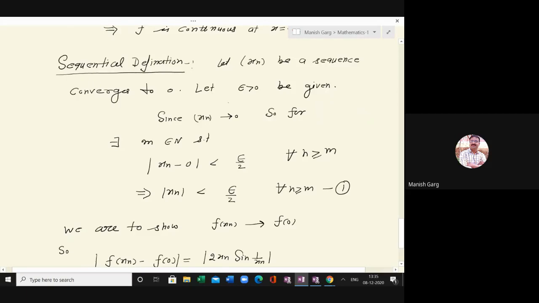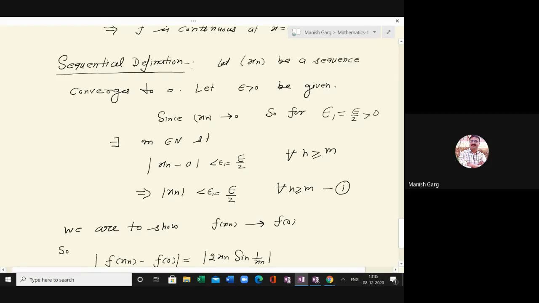Actually, you consider epsilon greater than 0. Since xn converges to 0, the definition of convergence will also be true for epsilon 1, for every positive number. So here you can write, suppose epsilon 1 is equal to this.